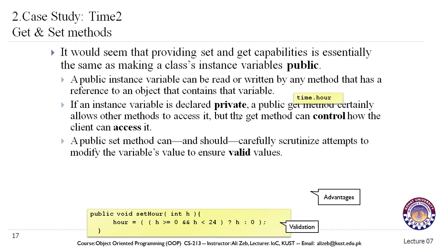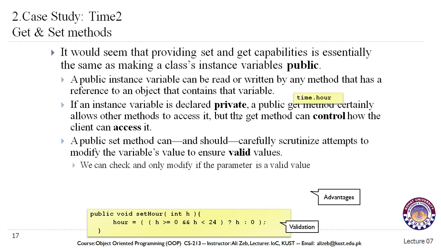A public set method can and should carefully scrutinize attempts to modify the variable's value to ensure valid values. We can only ensure that the value for a variable is valid through the setter method or maybe the constructor of the class.